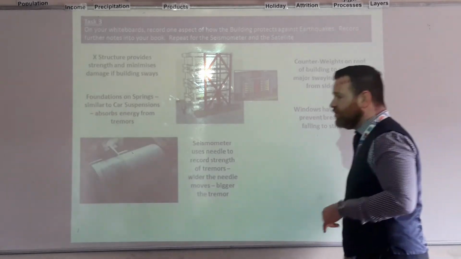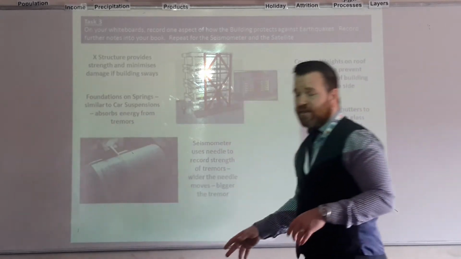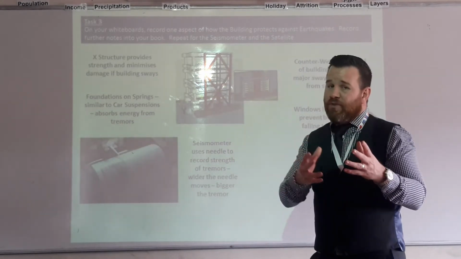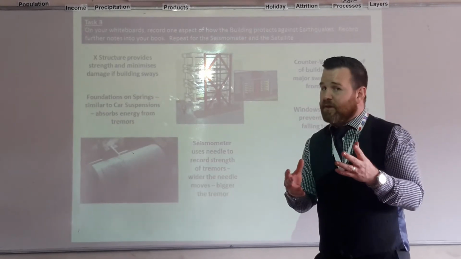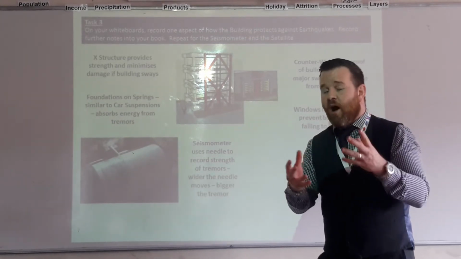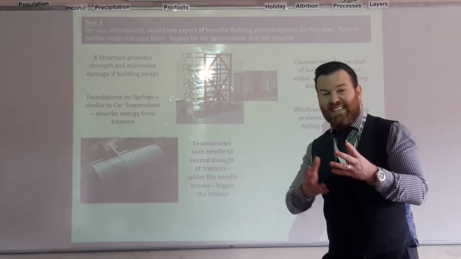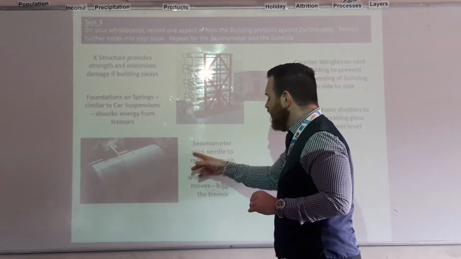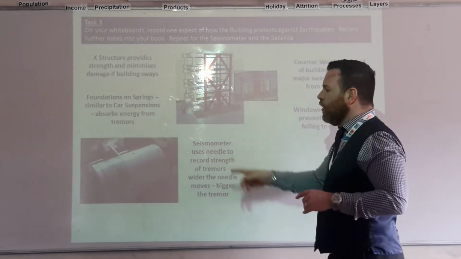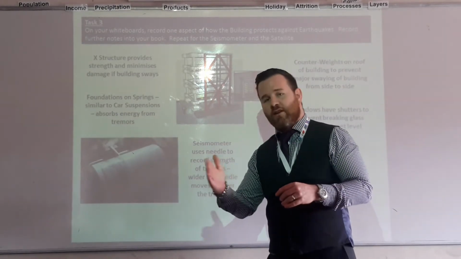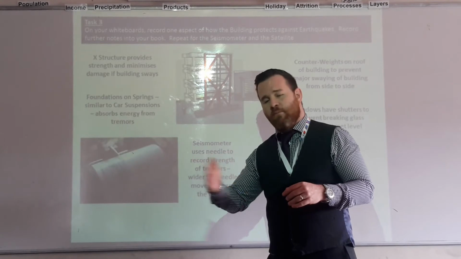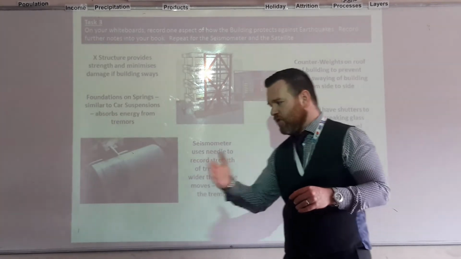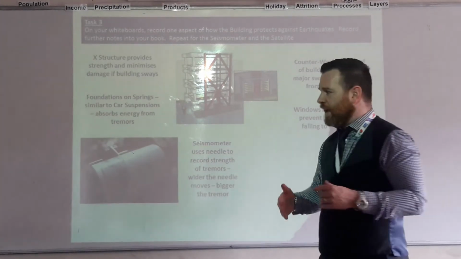In terms of prediction, we've got our seismometers. Yeah, the most reliable thing that you can get, and still not absolutely perfect, highlights the problem of the difficulty of predicting exactly when an eruption will occur or when an earthquake will occur. Our seismometer uses a needle to record the strength of tremors, okay? So the needle just makes that motion, and it will make wider motions, make wider scribbles as those tremors occur and get stronger.